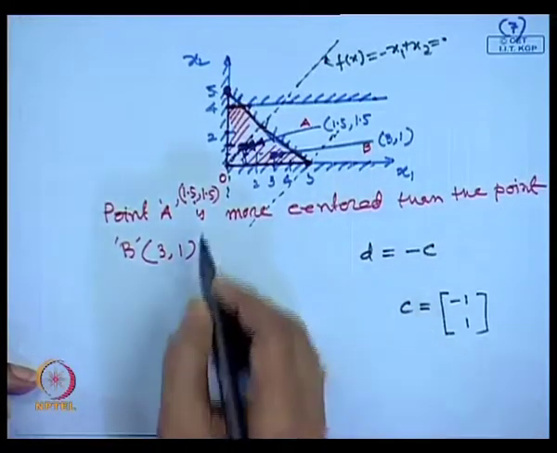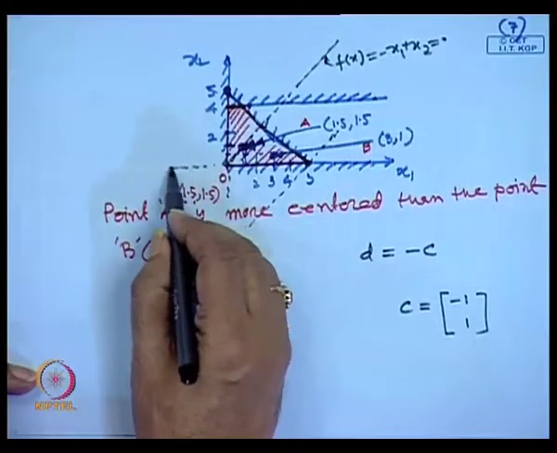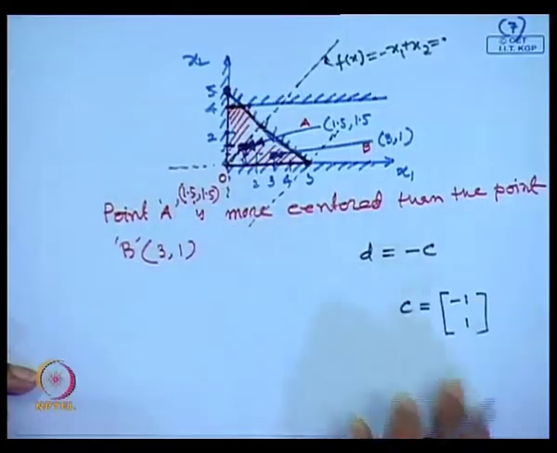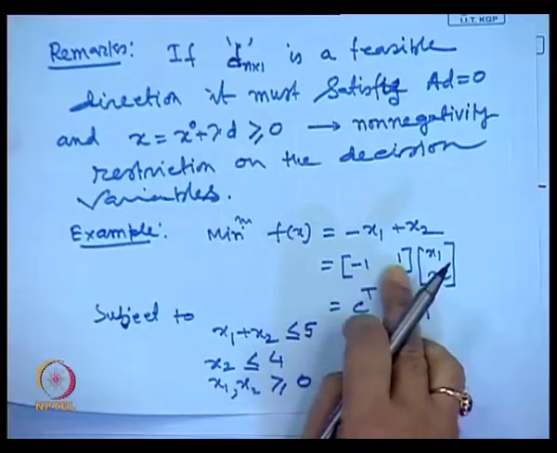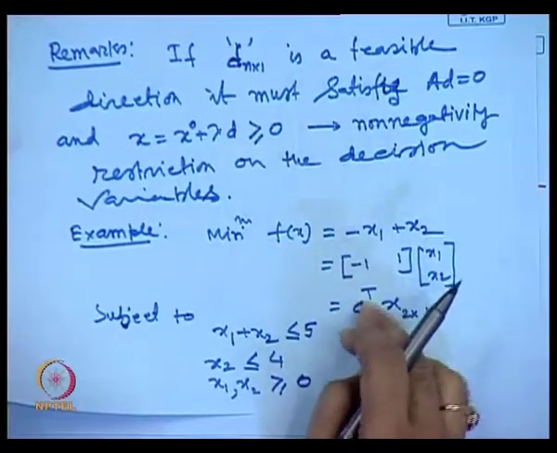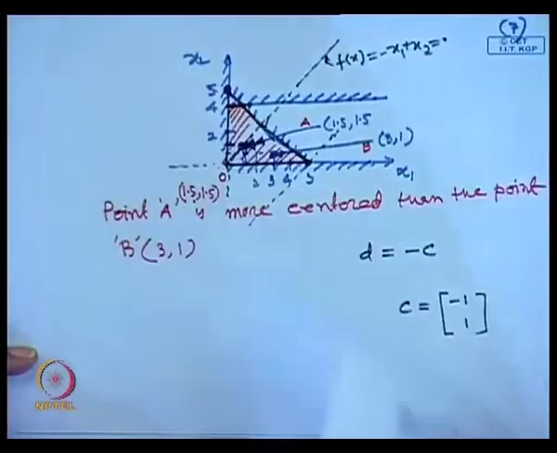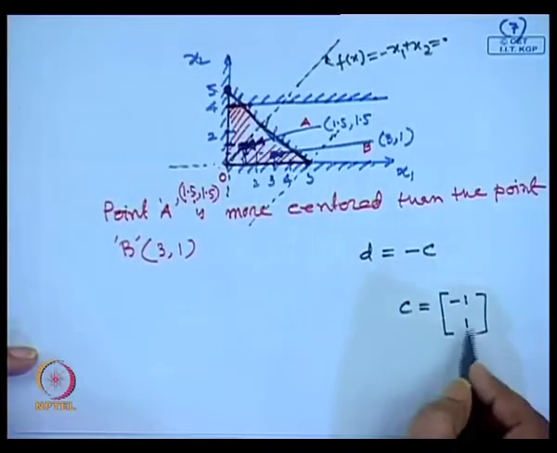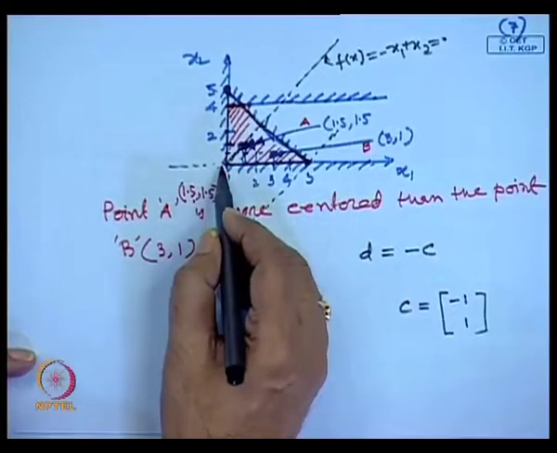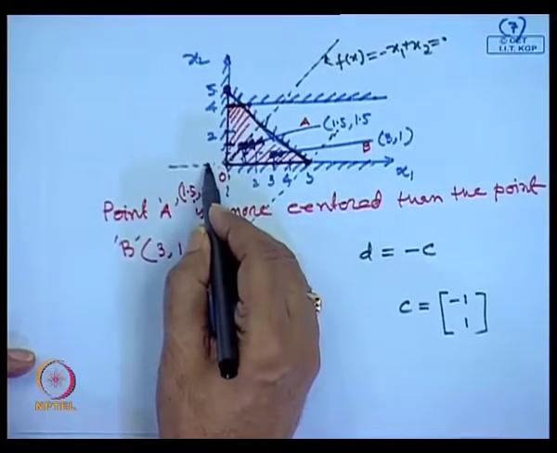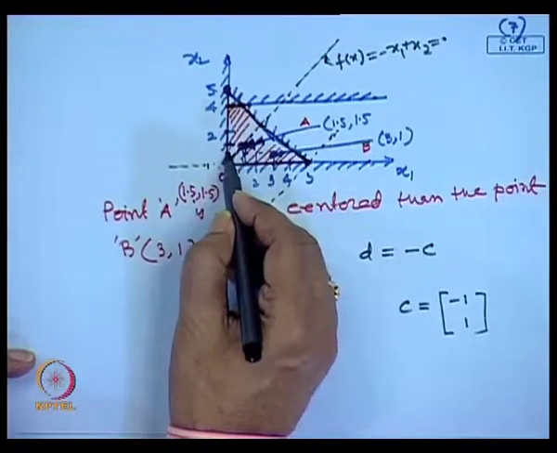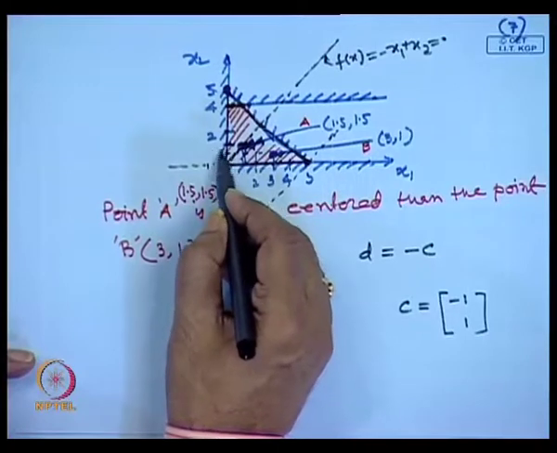C is our objective function, C transpose is minus 1 plus 1. So, our C is minus 1 in this direction and plus 1 somewhere here.